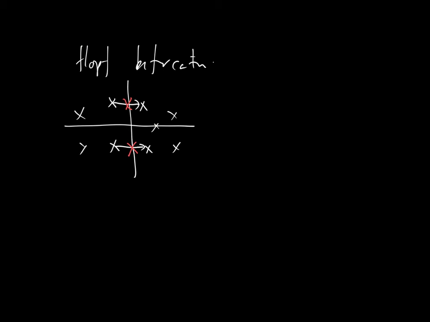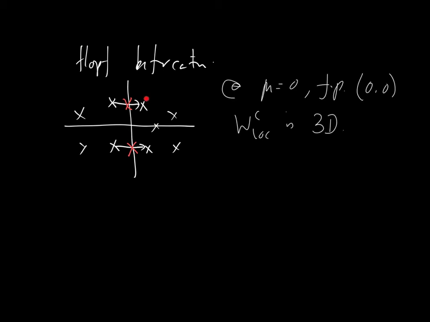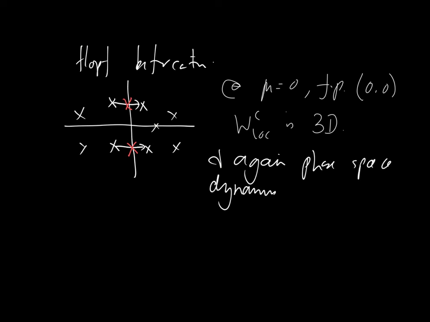It's going to be one dimension for each of these two complex conjugate eigenvalues, and one for the mu direction in the phase space. And again, the dynamics is the bifurcation diagram.